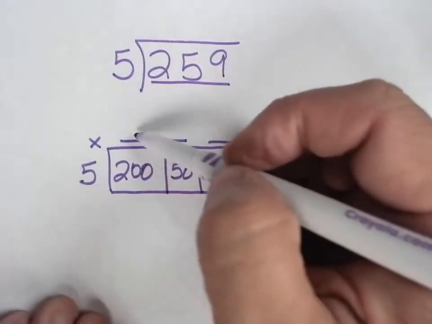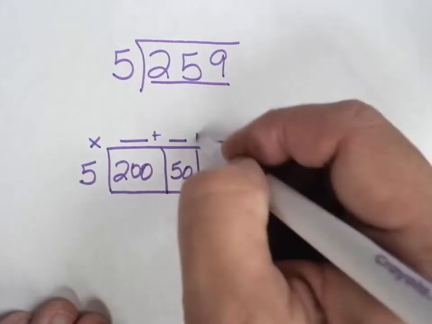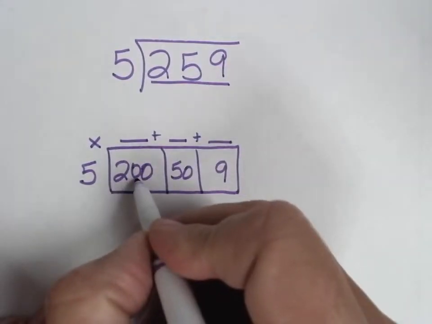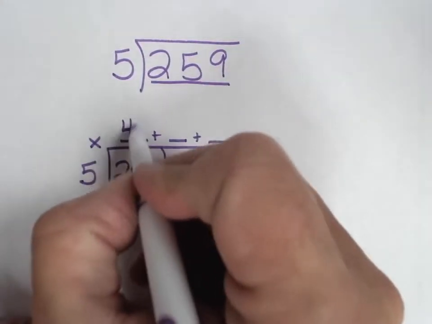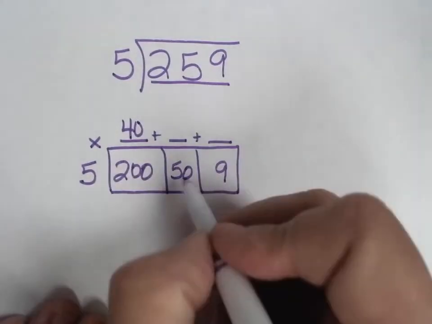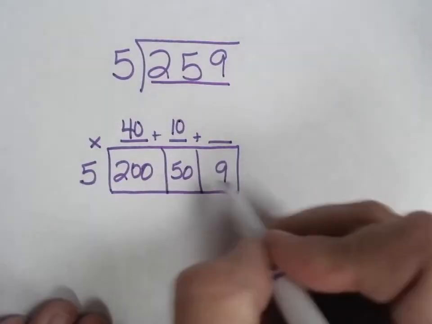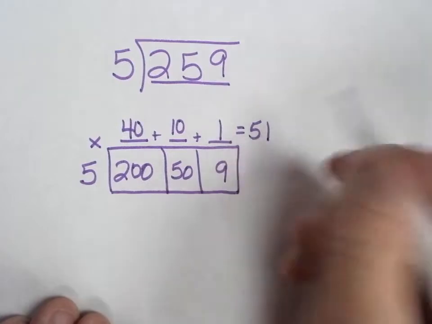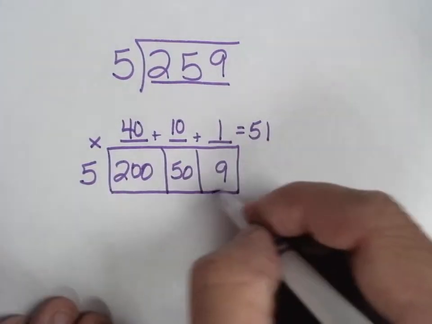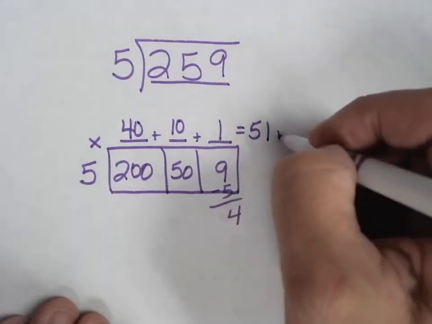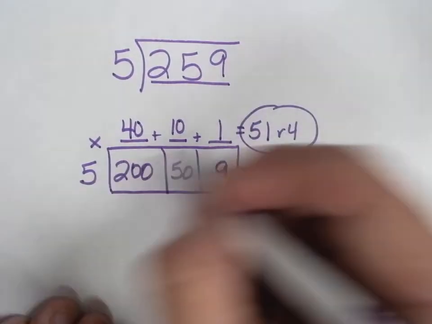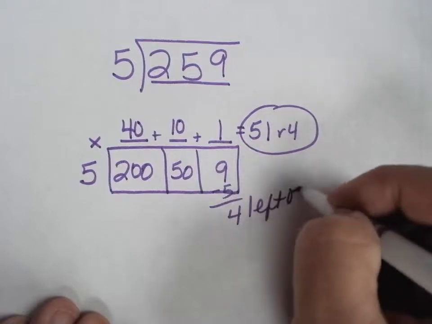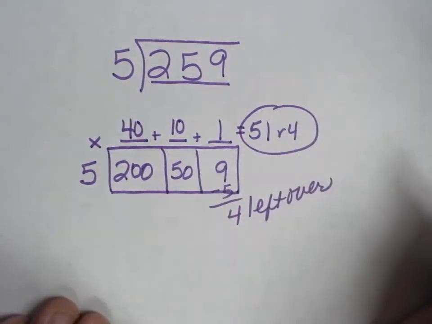So then I need a partial product here, here, and here, and I will add those together. So 5 will go into 200 40 times, 5 will go into 50 10 times, and 5 will go into 9 1 time. So that's 51, and then I would have a remainder of 4, because 5 will go into 9 1 time with 4 left over. So this is how you would do an area model to divide the same problem.